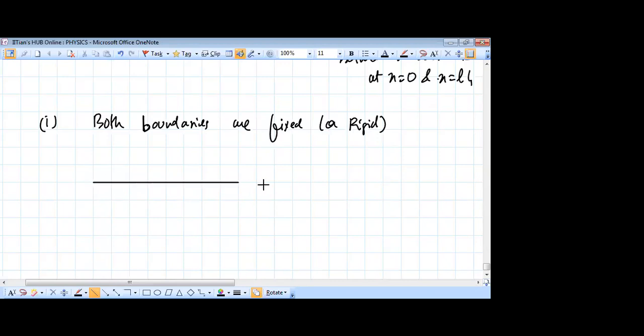So we have a string of length L, and both the ends of the string are rigid boundaries. And of course, the string has a tension T and a linear mass density mu. Now let us understand how the string can vibrate naturally.